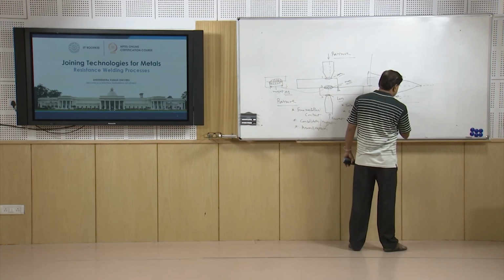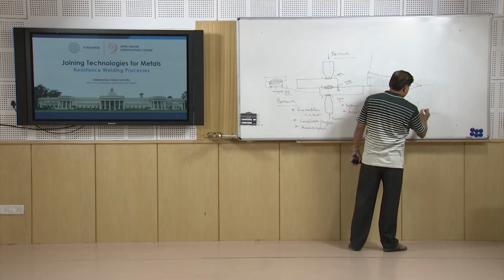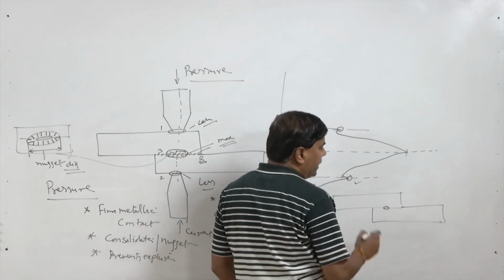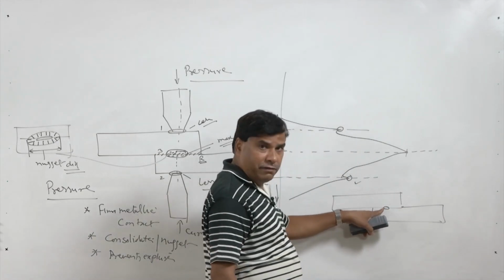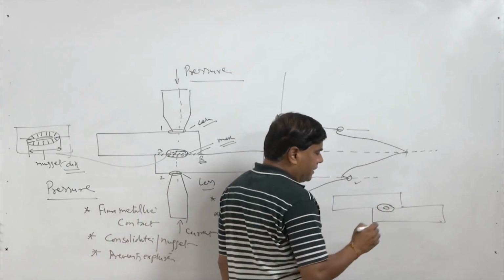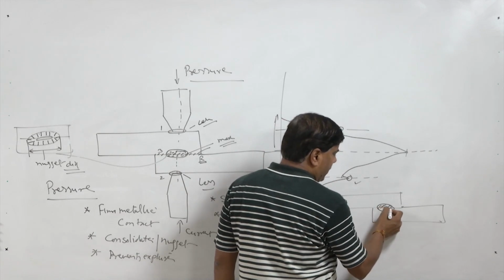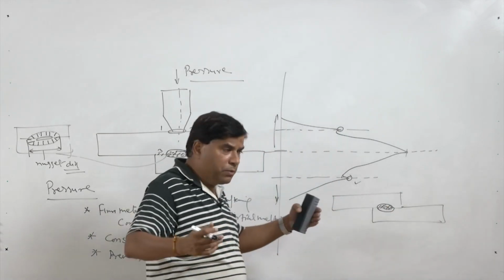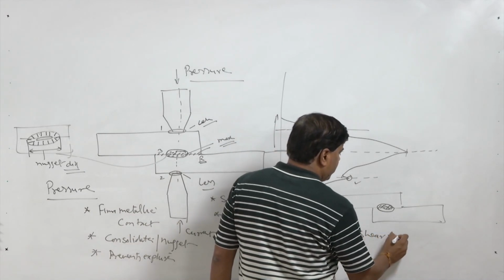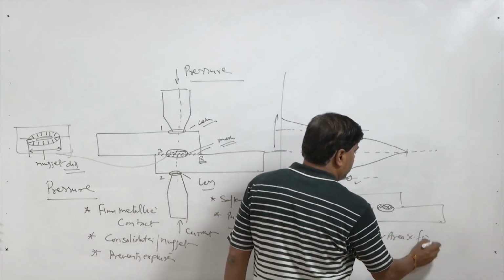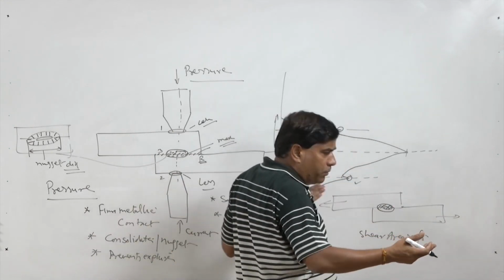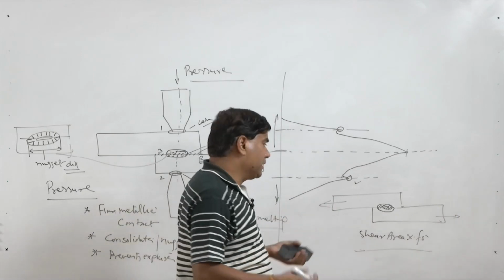So, if we see this kind of joint, if the nugget size is small, the load carrying capacity of this joint will be lesser as compared to the case when the nugget diameter is large. A larger nugget diameter in general increases the load carrying capacity, or the shear area multiplied by, of course, shear strength will give us in this lap joint configuration the load carrying capacity under shear conditions.